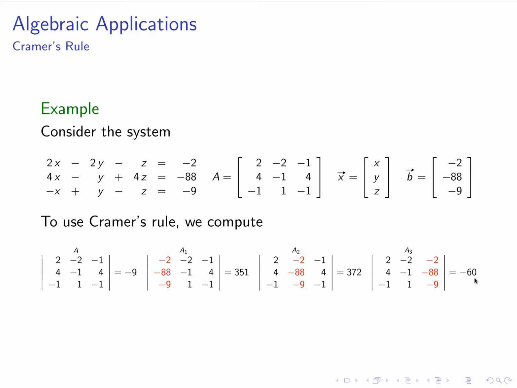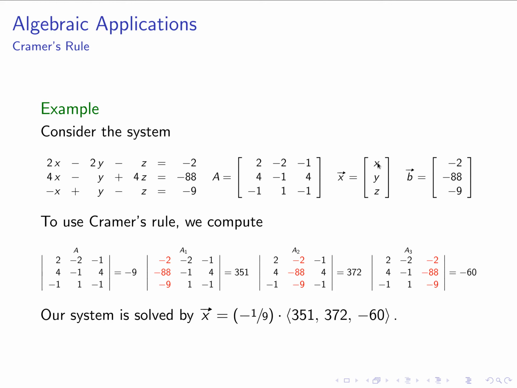So Cramer's rule says we can use the data in this sequence of 4 determinants to figure out the unique solution to AX equals B. According to the theorem, the system AX equals B is solved by the vector x, which is equal to 1 divided by the determinant of A, so that's negative 1/9, and then we multiply by the vector organizing the determinants of A1, A2, A3. That vector is 351, 372, negative 60.